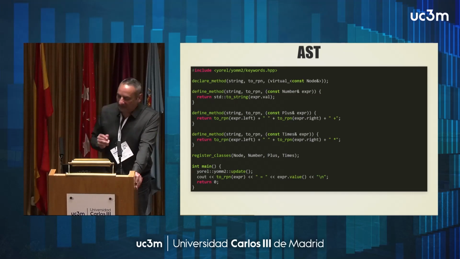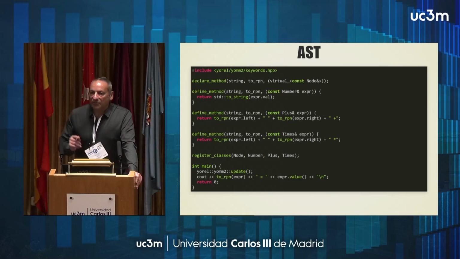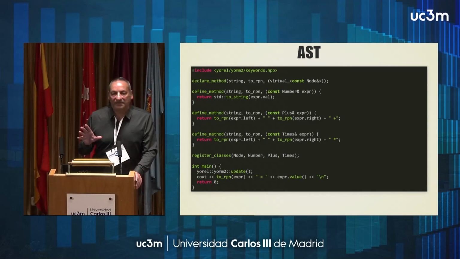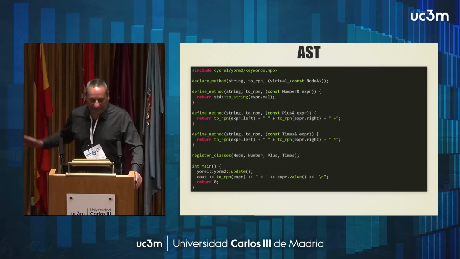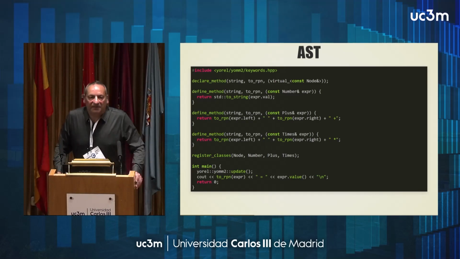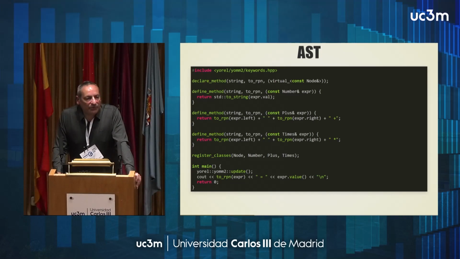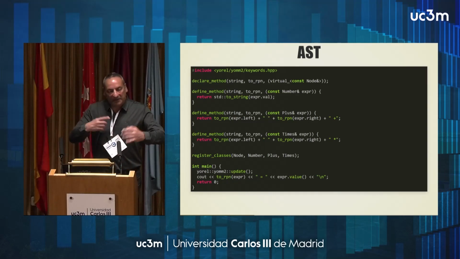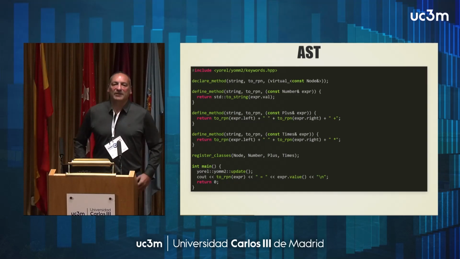We have to register the classes with YOMM2 so that it knows the inheritance lattice about node, plus and times. And once in the program, before calling any method, we have to call update, which is going to use all the information that has been registered via static constructors, and it calculates and creates the dispatch tables.